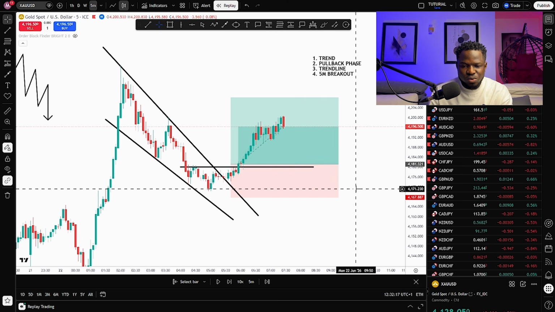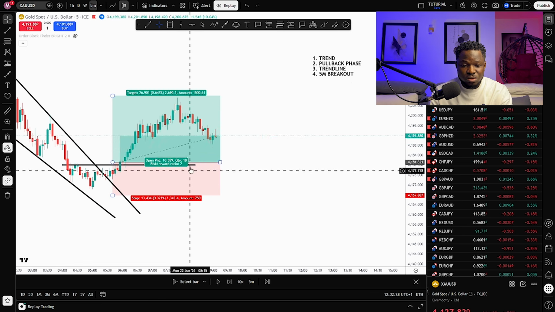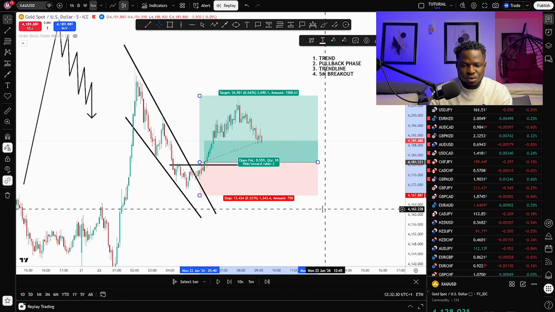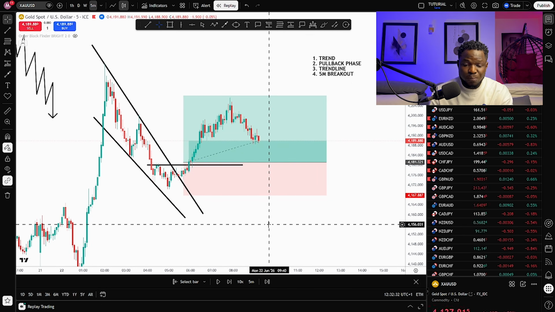So we're targeting only a ratio of 1 to 2, using this amazing 5-minute trading strategy. So let's see what the price action will offer us at the end of the trade. Don't panic. Retracement is also part of trading. There are moments the price will retrace and also expand. Finally, the price action smashed the take profit zone.